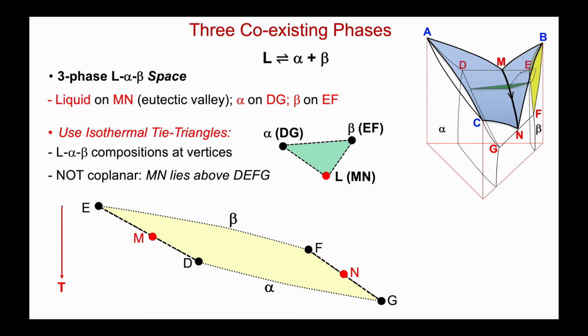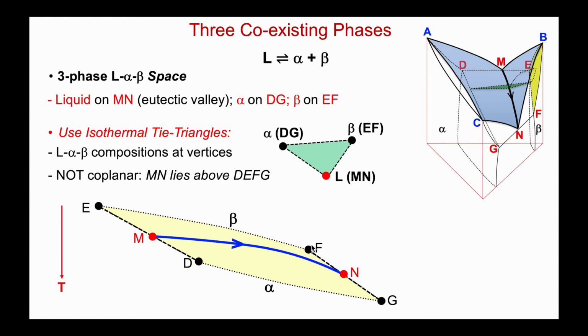To clarify that, let's look at this vertical section where my temperature is decreasing down the slide. So in this sketch, this is the AB binary, this is E, M, and D, the three phases that would participate in the eutectic reaction along the AB binary at the back of the space diagram.